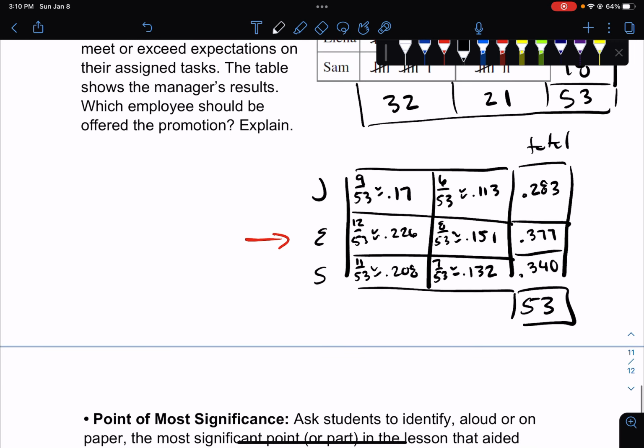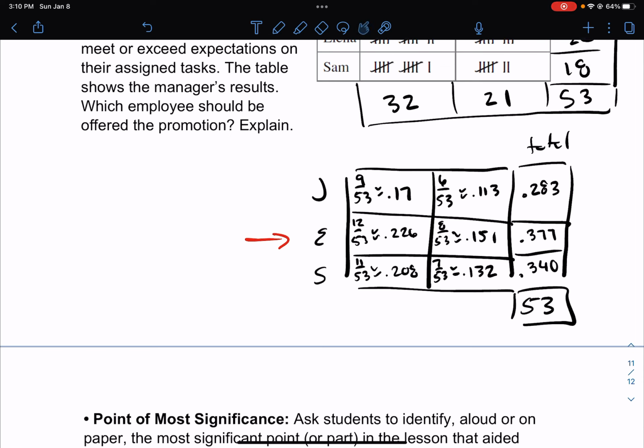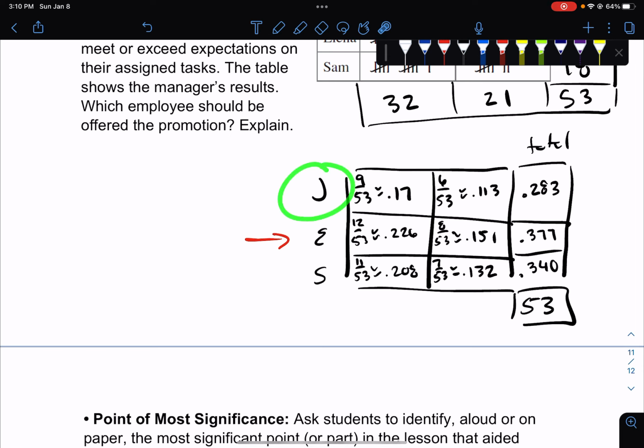So what I want to know is the conditional. Out of Joy's reviews, how many of them were exceeding expectation? Out of Elena's reviews, how many of hers were exceeding expectation? So what I want to actually calculate is 0.17 out of 0.283, not the total.